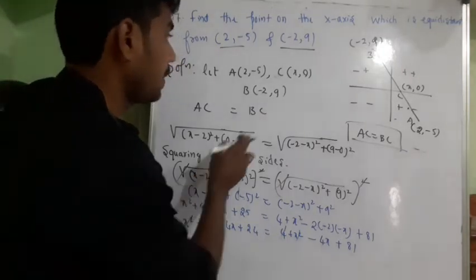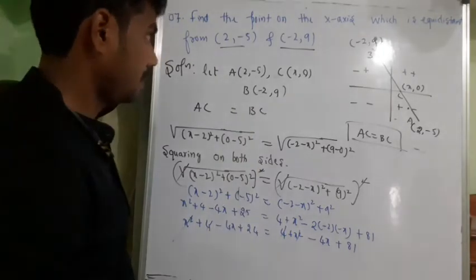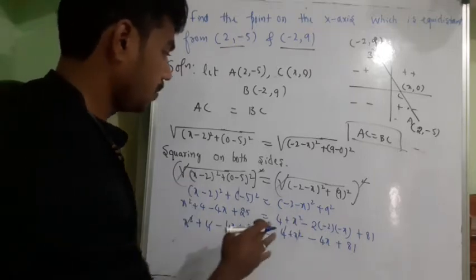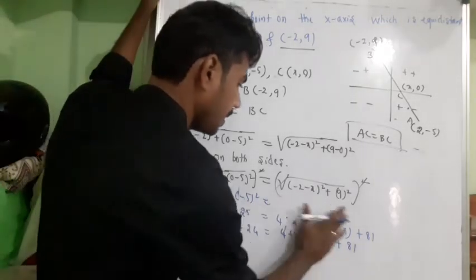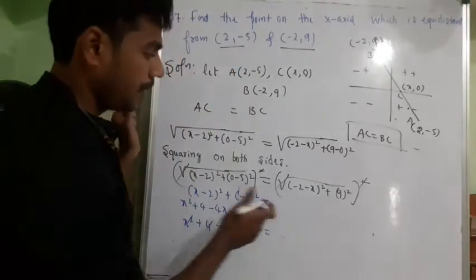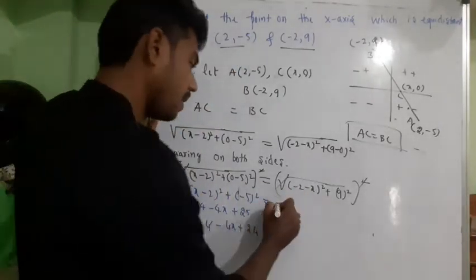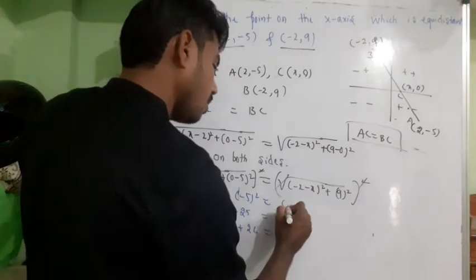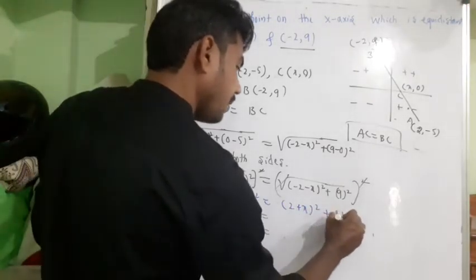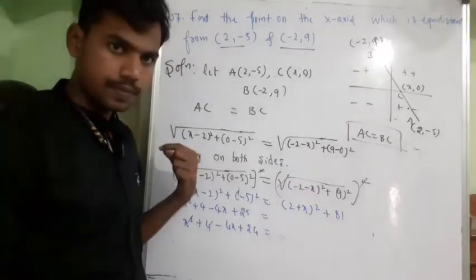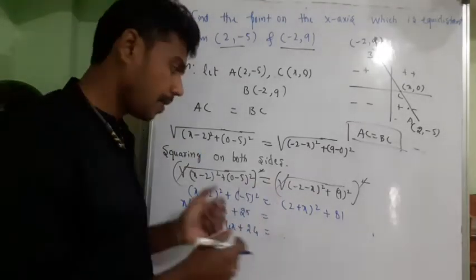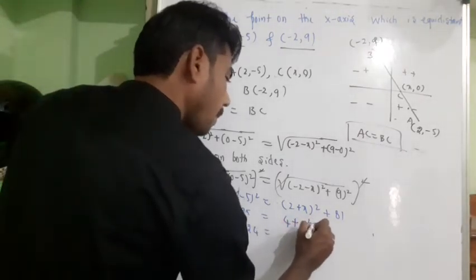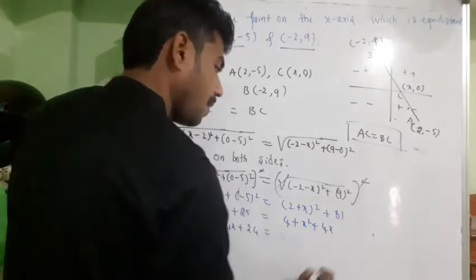Here I made a mistake. If I take minus common out, minus square becomes plus square, so it is (2 plus x) whole square, which will be 4 plus x square plus 4x, plus 81.